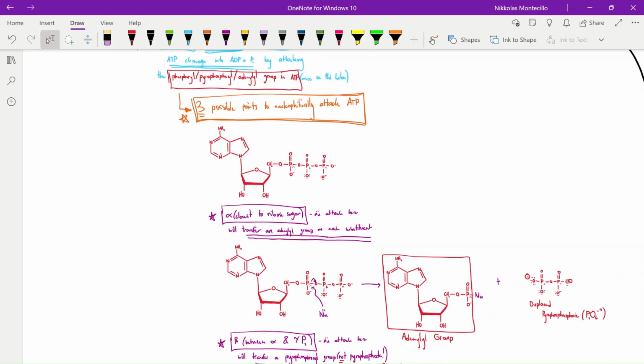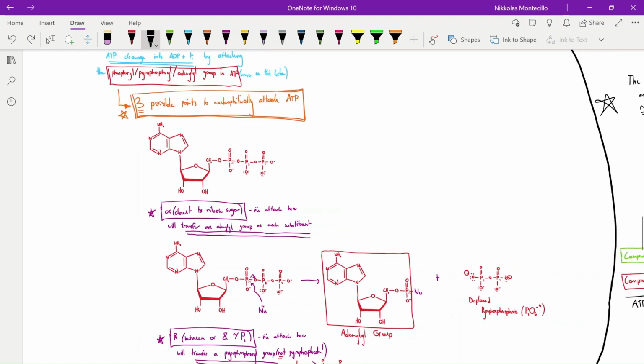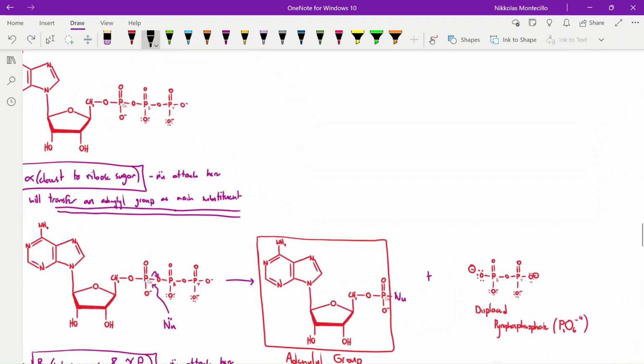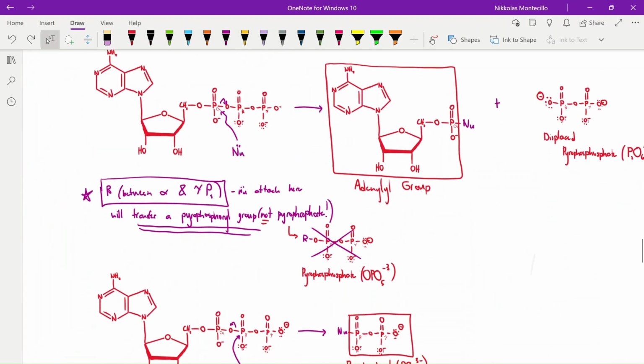If you choose to attack the alpha group, the alpha phosphate is the one closest to the ribose sugar. So it's this one right here. The nucleophilic attack here will transfer an adenylyl group as the main substituent, and you'll get a nucleophile adenylyl group plus a displaced pyrophosphate.